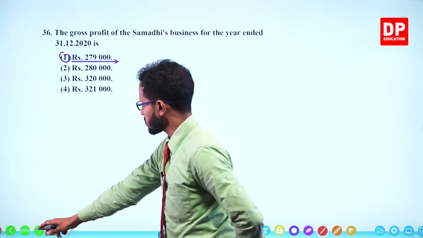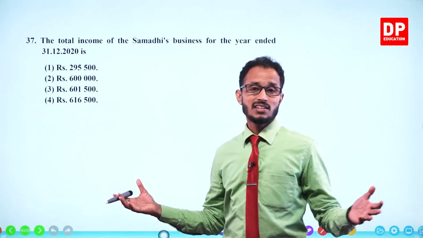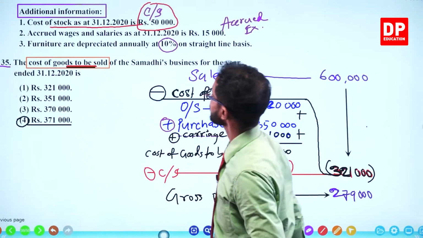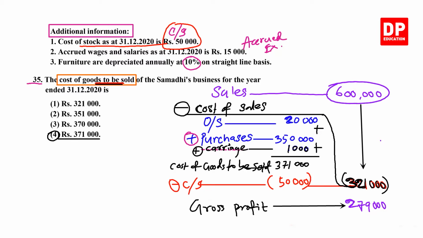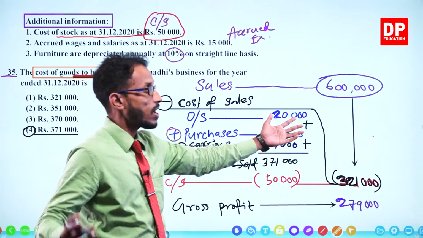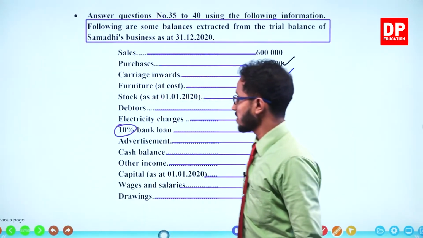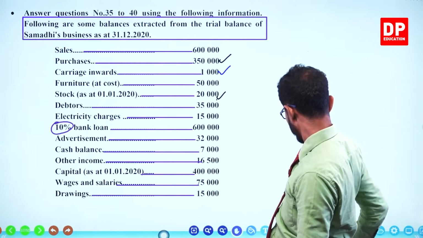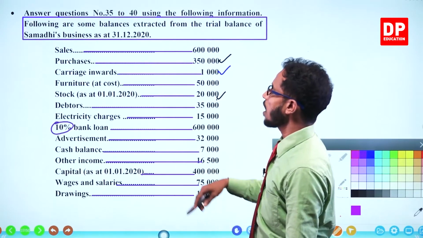Okay, next question. The total income of the Samadhi's business for the year ended. Total income, sales income plus other incomes. Sales income we have right here. Where is the other income? Other incomes should be here somewhere. I saw it.